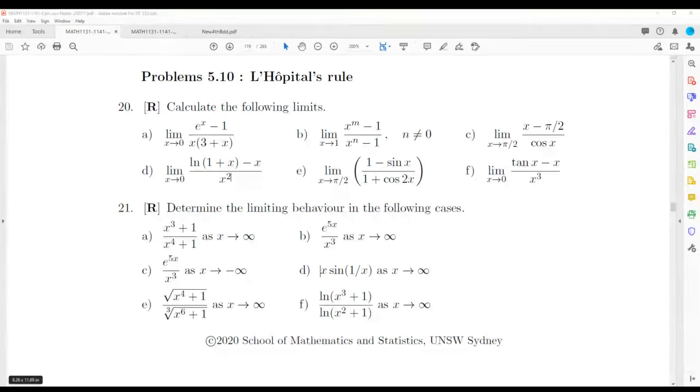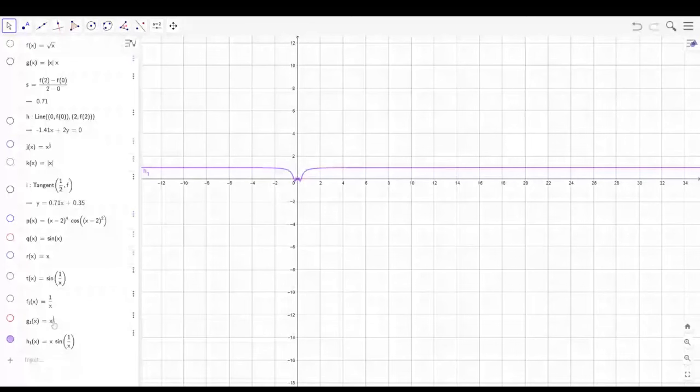Okay, so before we do that, did somebody say GeoGebra? Let me share GeoGebra with you. I'm just going to code it up. Here it is.